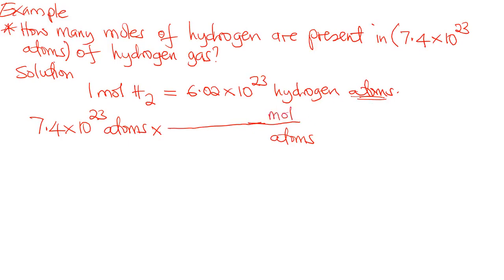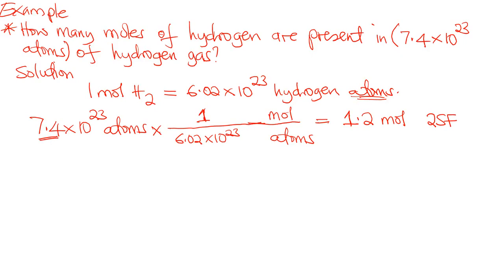Because the unit, one side it has atoms, the other side it has moles. Now the side that has atoms has the number 6.02 times 10 to the power 23. The side that has mole has just 1 mole. So when I calculate based on this, I find that my answer is 1.2 mole. This is to 2 significant figures, because this question has 2 significant figures.